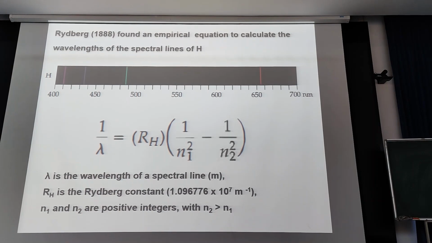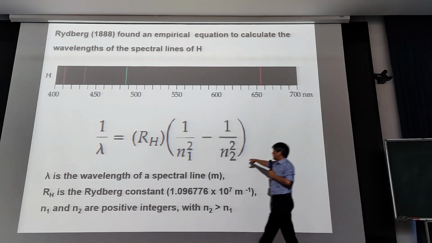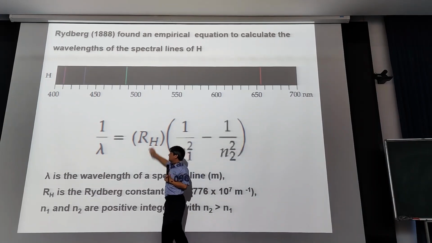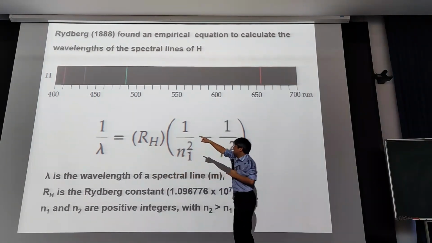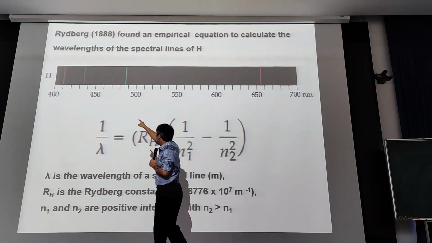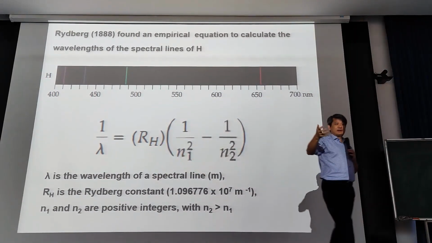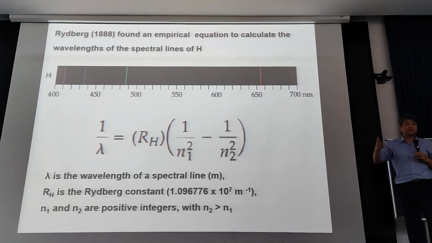You guys can be easily to predict what could be the emission. Okay? So, by using this formula, we put N1 and N2 different, you put the constant, Rydberg's constant here, you can explain the first, second, third, and fourth spectrum line. Okay? Any question?